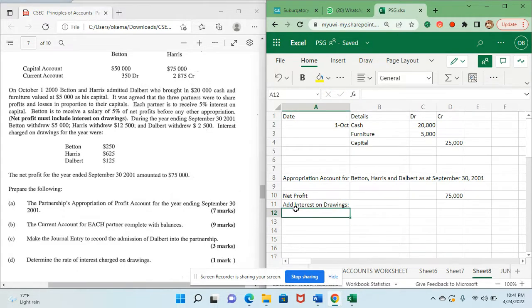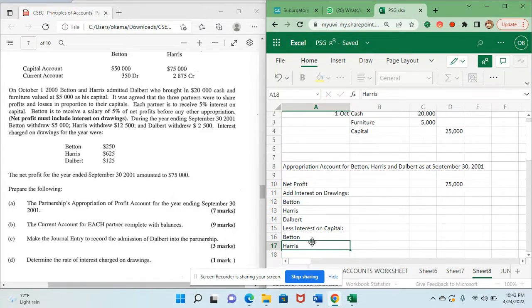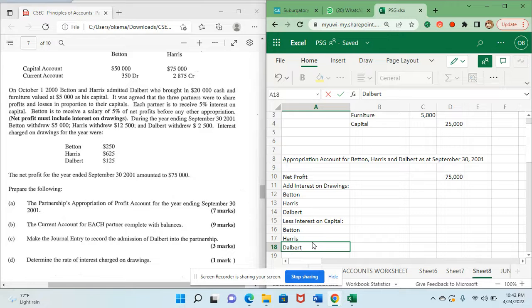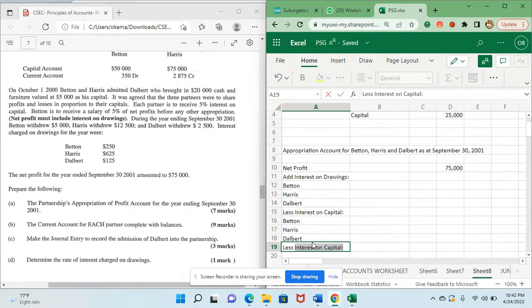We are going to add our interest on drawings, then we're going to less interest on capital, same partners, and we're also going to less our salaries.